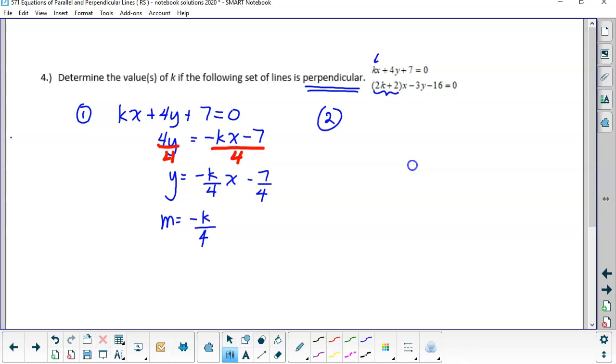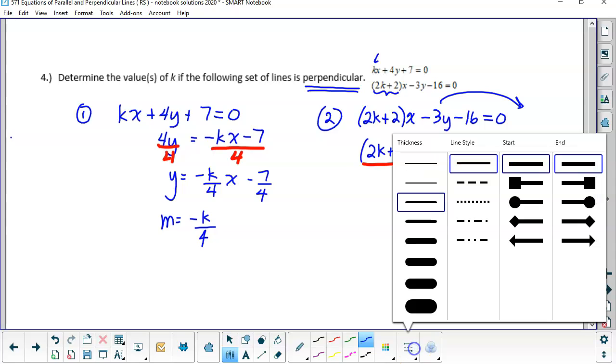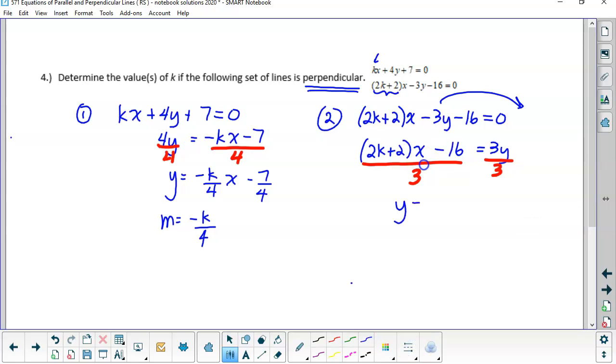Then second one, I'm going to keep that in brackets. I'm not going to expand out because that's the whole coefficient of x. So now to get y by itself, I'm going to bring it to the right. Okay, divide by 3. And y equals, so that's going to be 2k plus 2 over 3x minus 16 over 3.